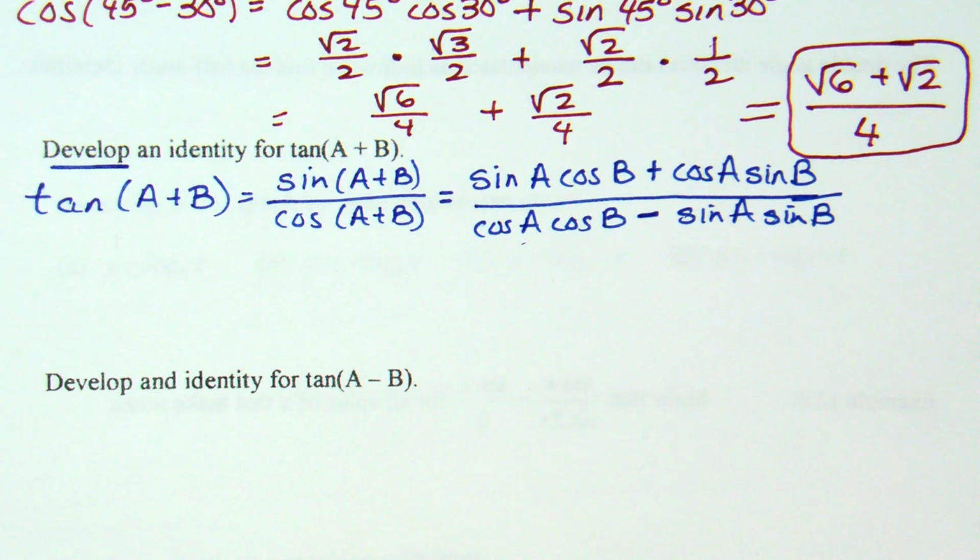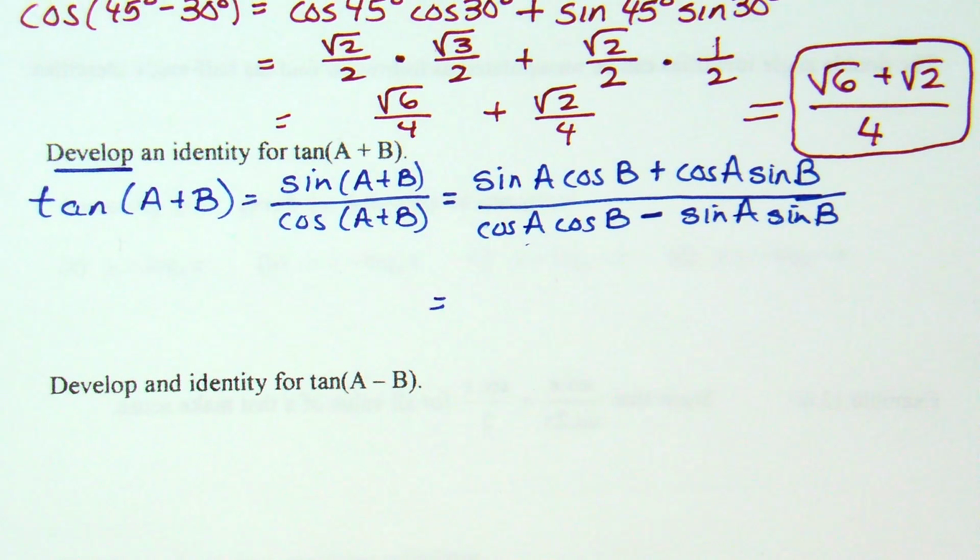If you divide that part of this fraction by cosine A, cosine B, you need to divide everything by cosine A, cosine B. Okay? So it's going to get kind of messy, but there are 4 pieces. I'm going to divide each of those by cosine A, cosine B, sorry.